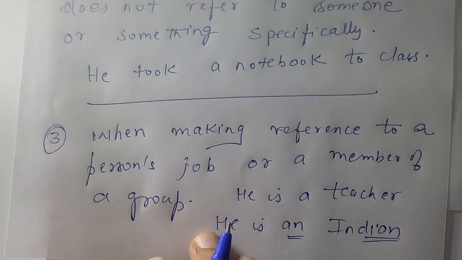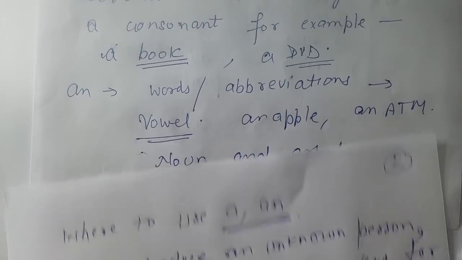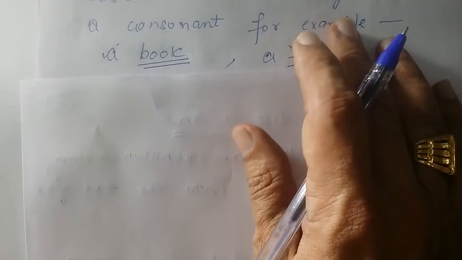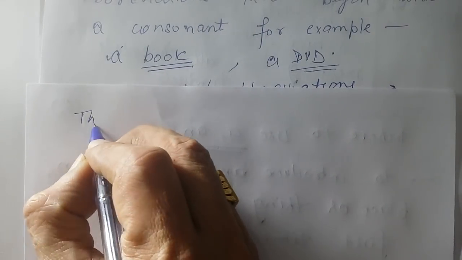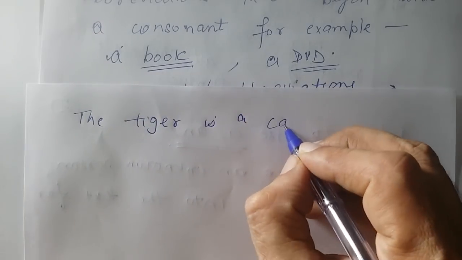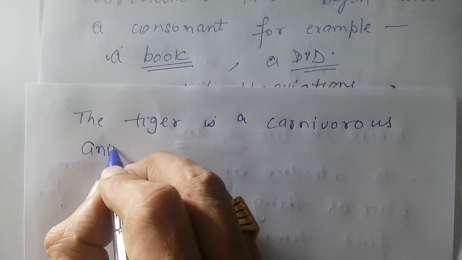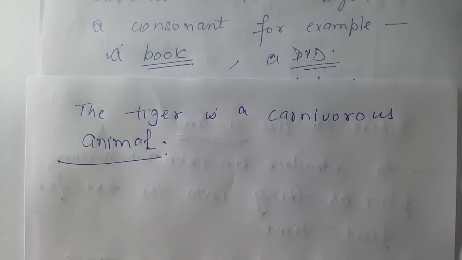Can you give any definition? Try. Think. Just give the definition. I'll give any definition. The tiger is a carnivorous animal. Right? So an example. Then we have to use this.